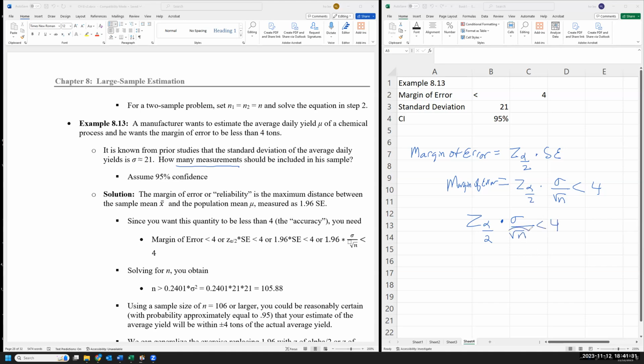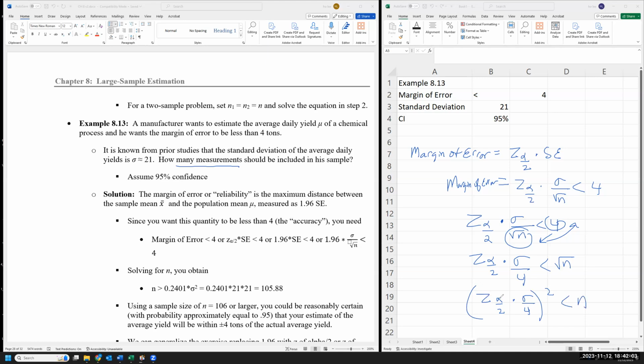I'm going to put this one up here and this one down here. So z of alpha divided by 2 times sigma divided by 4 is less than square root of n. And then we square both sides. So z of alpha divided by 2 times sigma divided by 4, squared, is less than n.